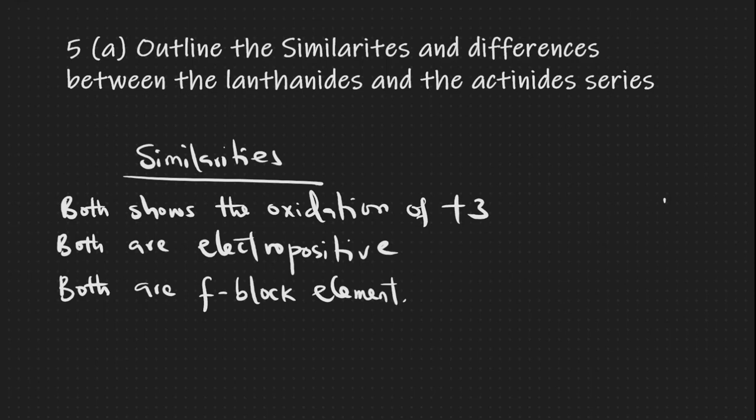And another similarity is that there is what we call contraction, lanthanide and actinide contractions. So both of them show contraction in their atomic radii, and they also show magnetic properties.